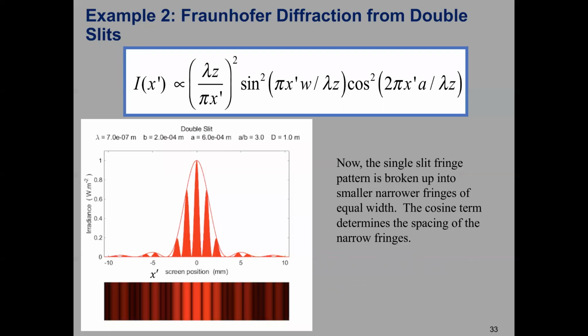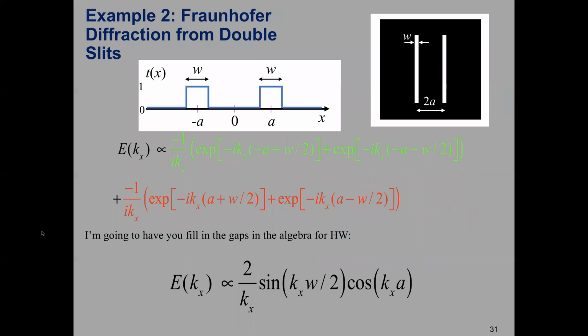The easy and cool way to do that is to go back to the start of this problem, and instead of modeling the slits as an opening of width W, we'd have to model them as some kind of function that has zero width, but very high intensity right at its center point.